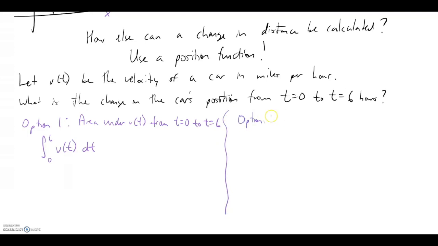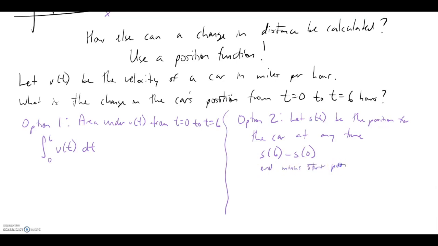Option 2, let s of t be the function that describes the position for the car at any time. If we wanted to know how far we traveled from t equals 0 to t equals 6, all we would have to do is take our position at time 6, subtract our position at time 0, our ending position minus our starting position, and we would have our overall change.